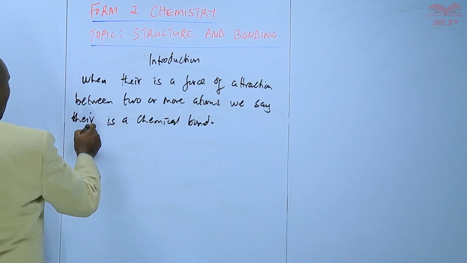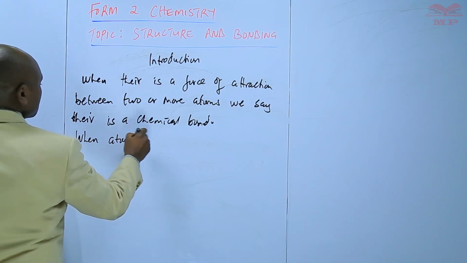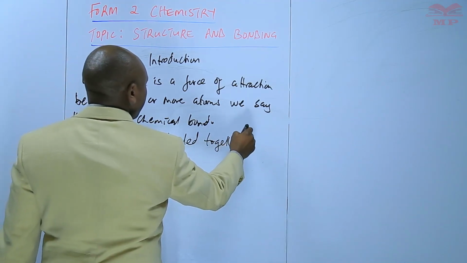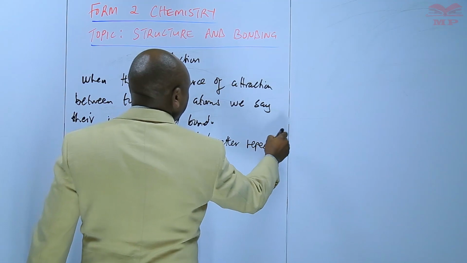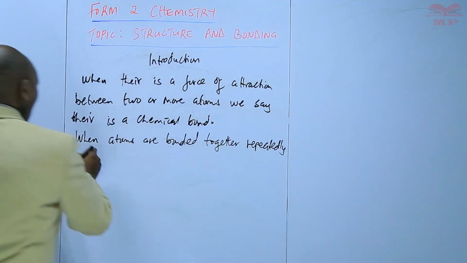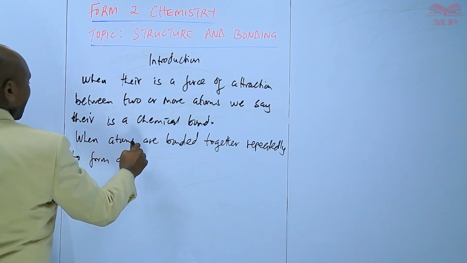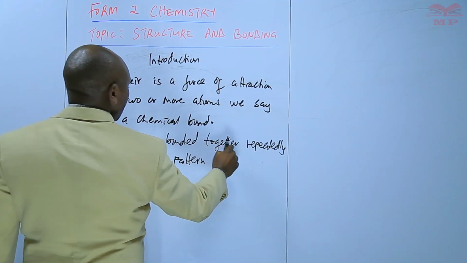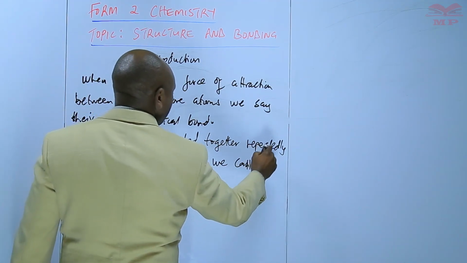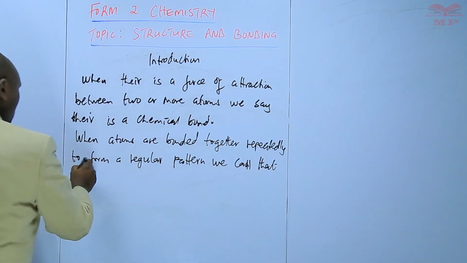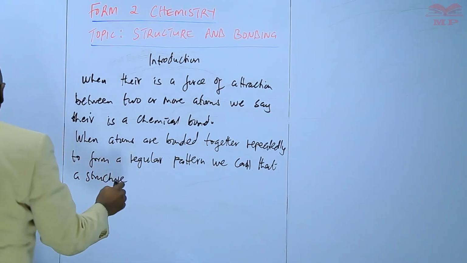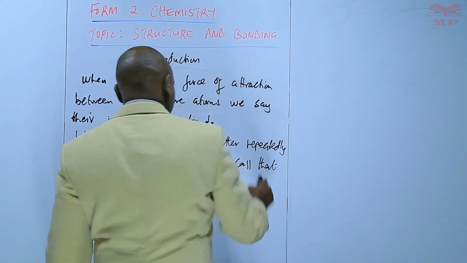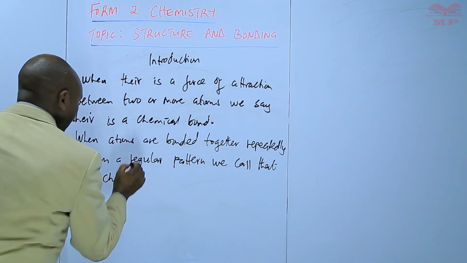So you can say that when atoms are bonded together repeatedly to form a regular pattern, we call that a structure.